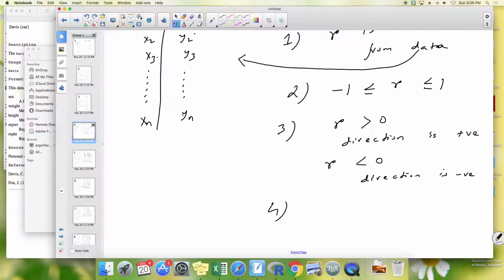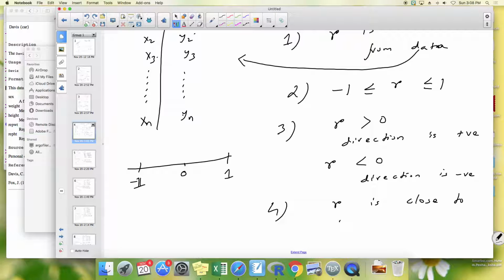Number 4, suppose there's -1 and there's +1 and there's 0 here.